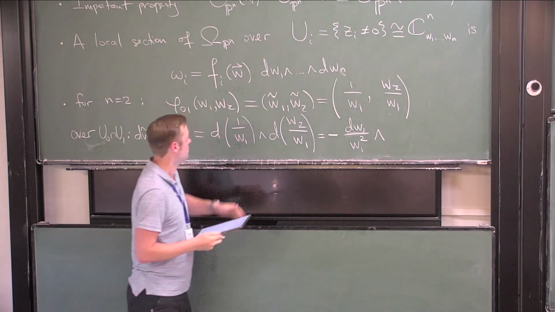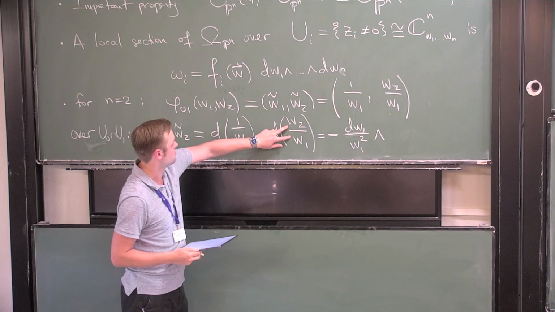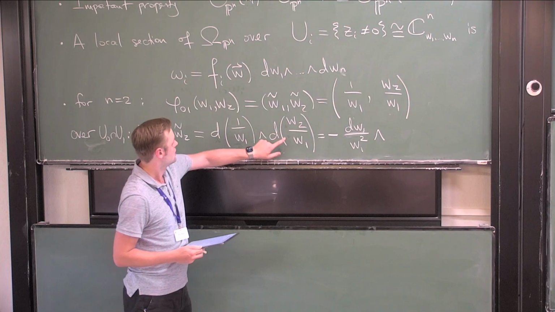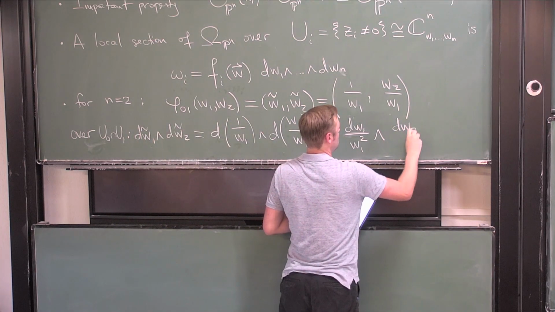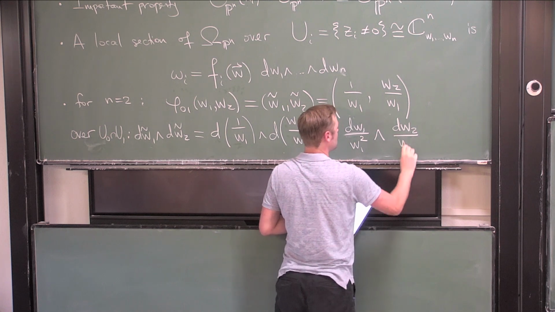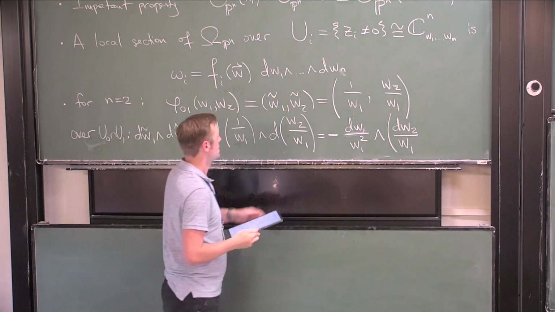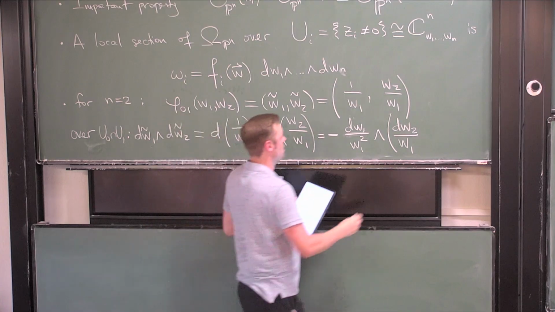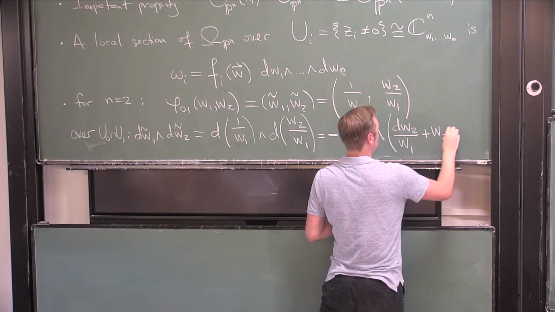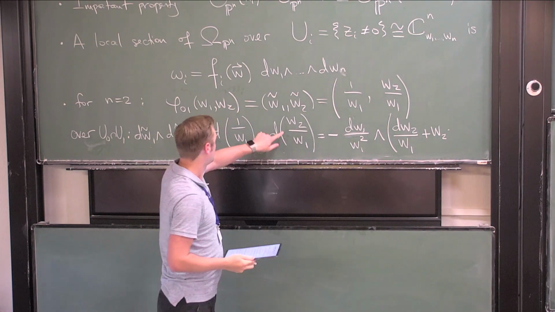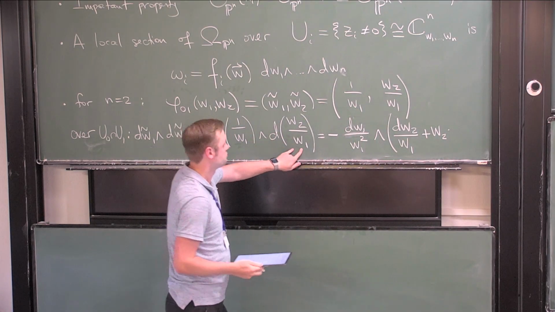And then here we have to do the product rule. So we have dw2 over w1, and then we have to add dw2 times d of 1 over w1.